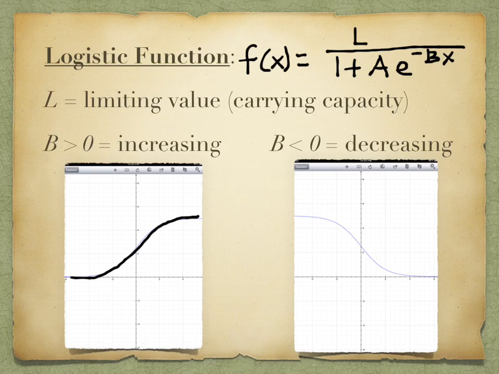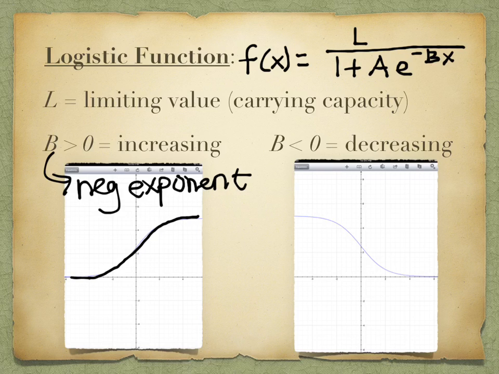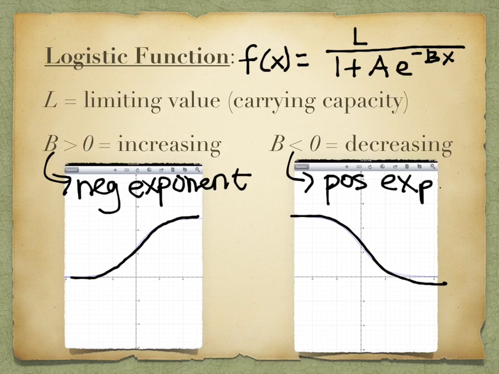So this right here means I have a negative exponent. And if the b value is negative, what's my exponent? It's positive. So a positive exponent ends up giving you a decreasing curve. And notice, of course, it's leveling off on the x-axis.